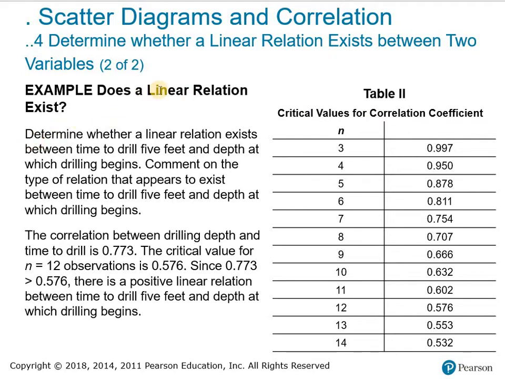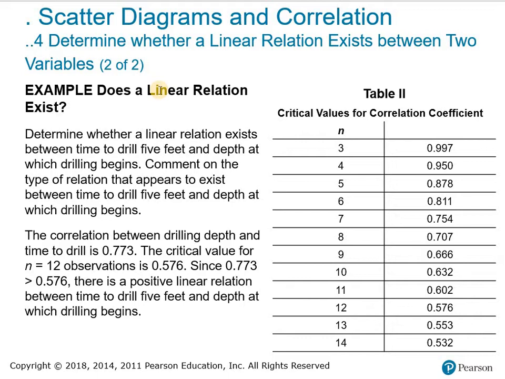So if we want to determine whether a linear relationship exists between the two variables that we studied before, which is the time to drill 5 feet and the depth at which the drilling begins, and we want to comment on the type of relation that appears to exist between them.